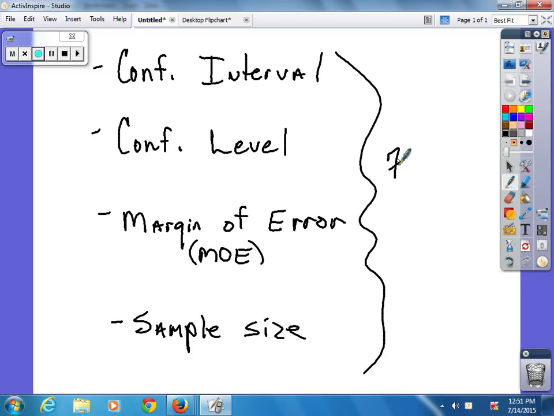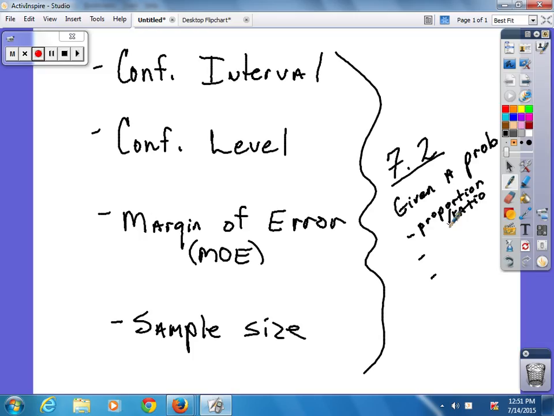Chapter 7 deals with all of these, but in 7.2, they're going to give you a probability. Now that probability is going to be in one of three delivery systems. One is going to be a proportion, meaning a ratio, a fraction.